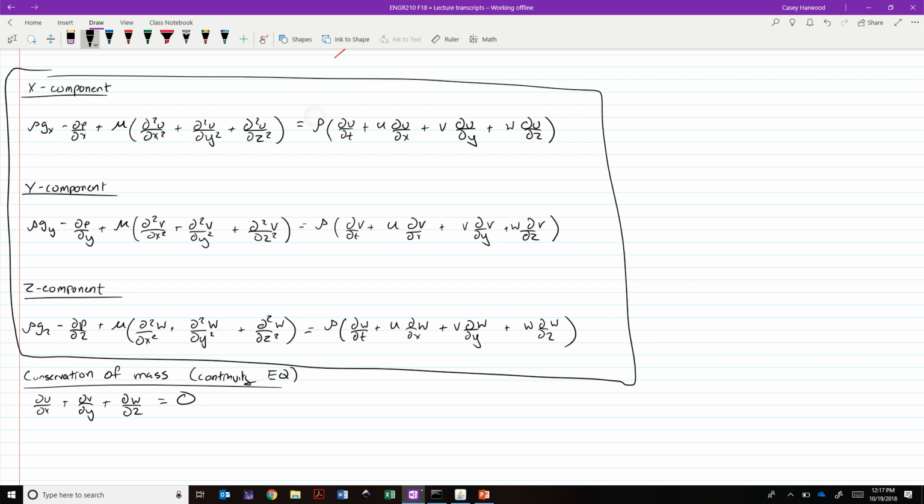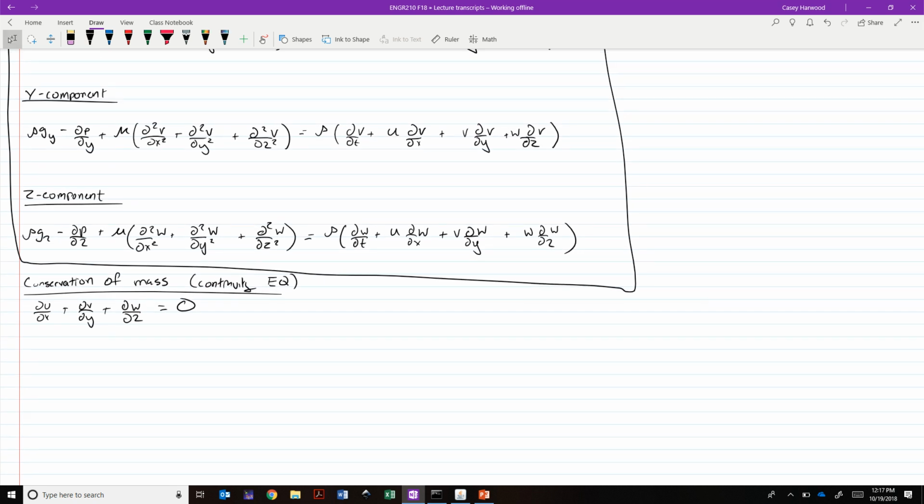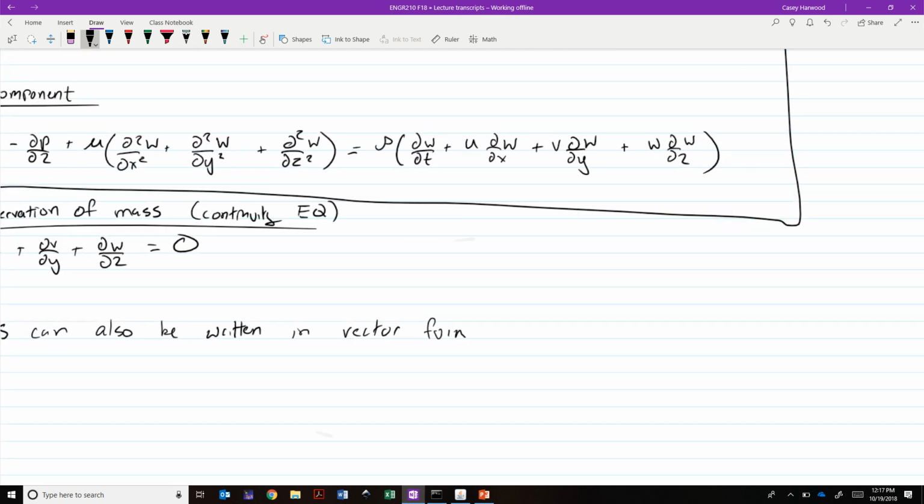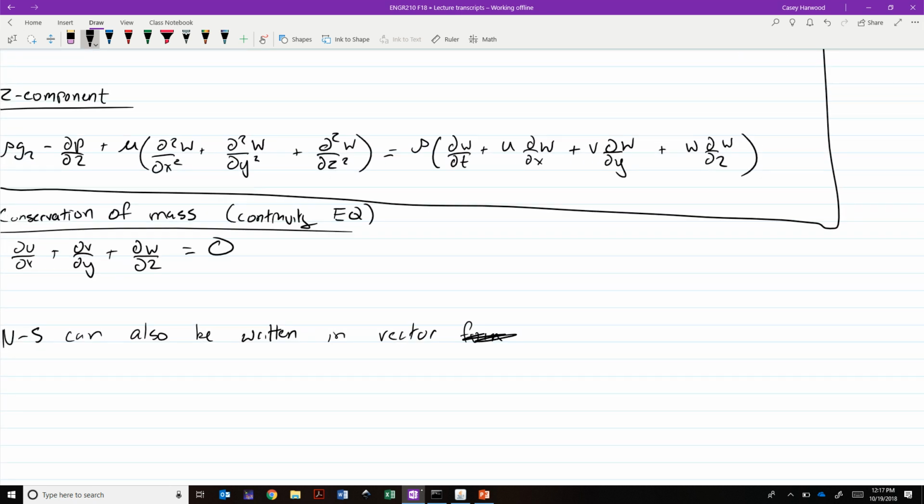So this is the Navier-Stokes equations. The Navier-Stokes equations can also be written in vector form. Sorry, my hand is tired. My handwriting's going to crap here.